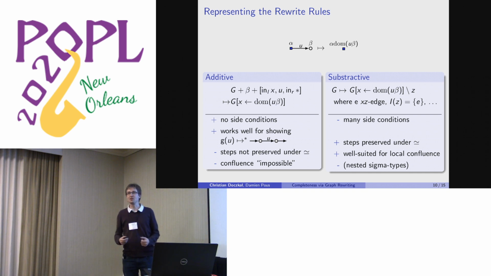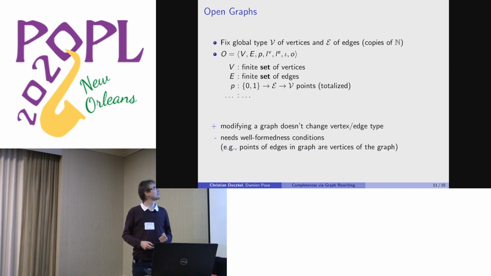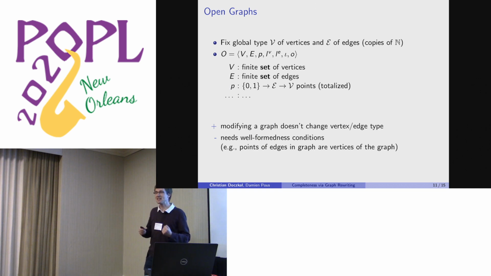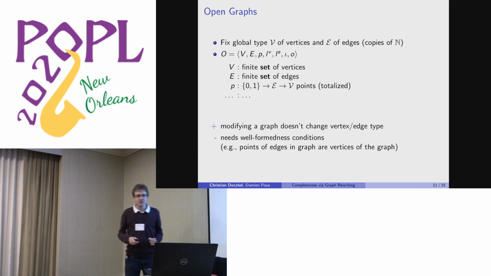But if you do this on the representation of graphs on the back side, where removing a vertex means actually forming a sigma type on the vertices, if you do a bunch of steps, you have nested sigma types, and this is kind of a bit like dependent types hell. So in fact, we use a second representation of graphs.